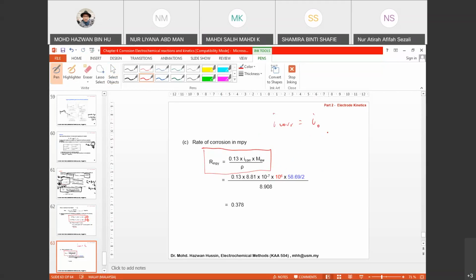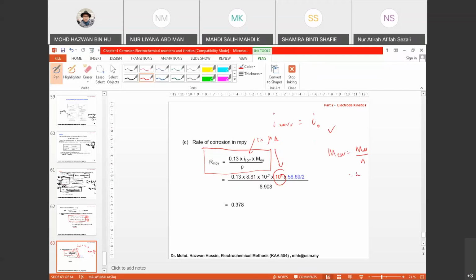This should be remembered. The value of i corr must be in microamperes, so you will notice that it is multiplied with 10 power of 6. So 0.13 multiplied with 8.81 times 10 power of minus 7 times 10 power of 6, multiplied with equivalent weight. Equivalent weight is basically molecular weight over valency.